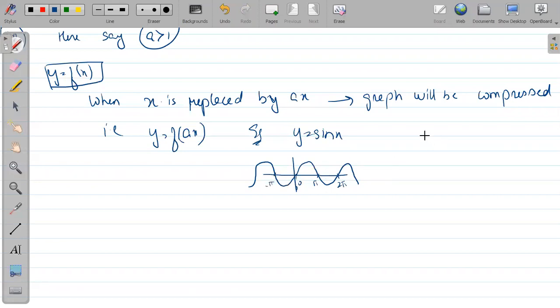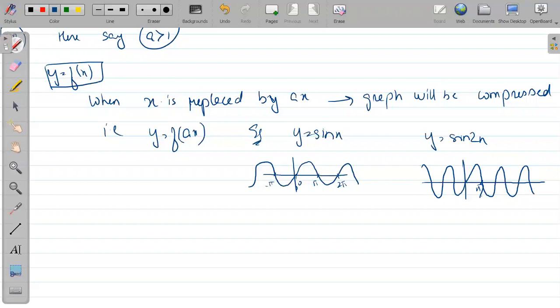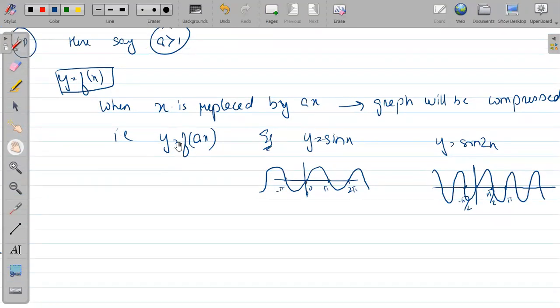Now, if anyone asks you to draw the graph of y equal to sin of 2x, here x is replaced by 2x. You already know that each and every point will be divided by 2. So the graph is compressed or elongated? It is compressed, obviously, sir. Earlier this point was pi by 2, now it has become pi by 4. This was 2 pi, so it will become pi. This is the transformation, horizontal compression.